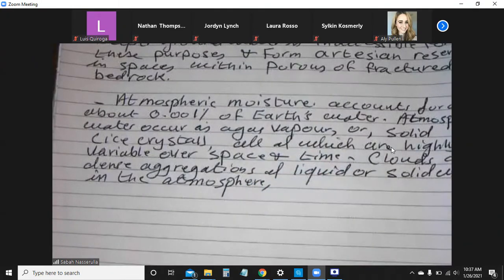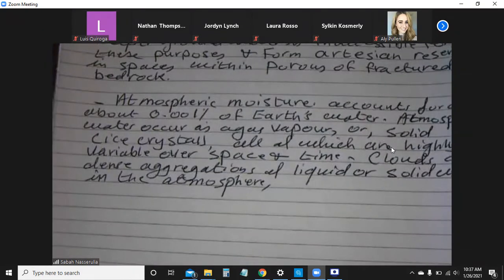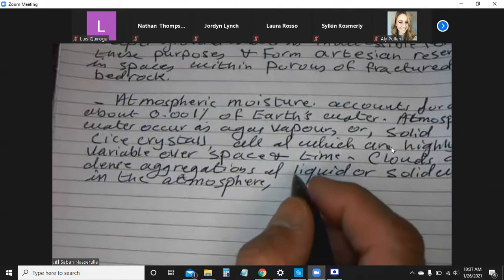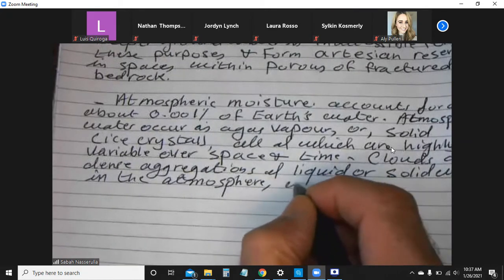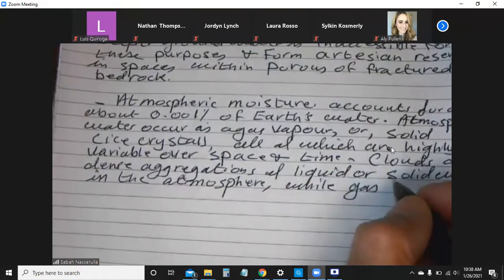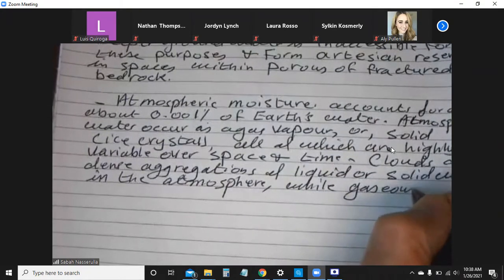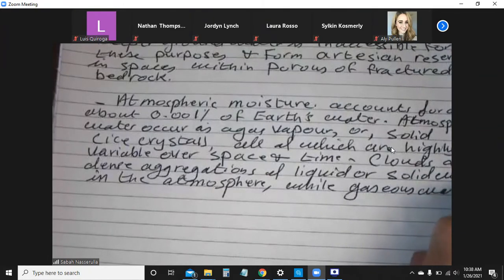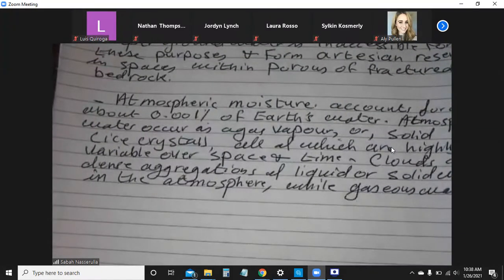We also have gaseous water, which is invisible.